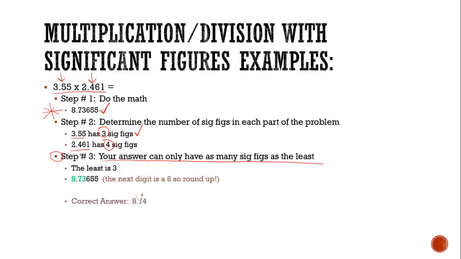So now you take that calculator answer and round it so you only have 3. 8.73655, I go 1, 2, 3, and that's what I put in green here. Then you look next door, and it's a 6, and you use your rounding rules. Remember, if it's 1 through 4, keep the same.